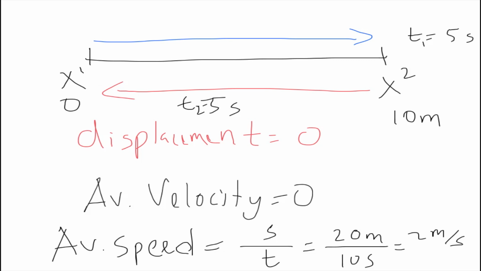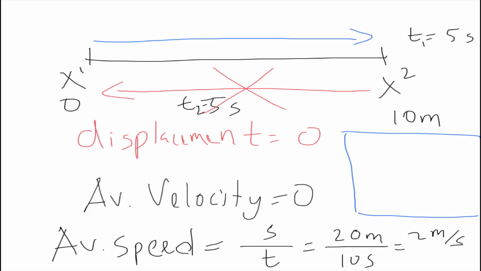And now let's consider one more example. Let's say that this never happened. So it just goes from x1 to x2. x2 to x1 never happens. In this case, the average velocity is going to be equal to the average speed for that distance, because the displacement is going to be equal to the distance.